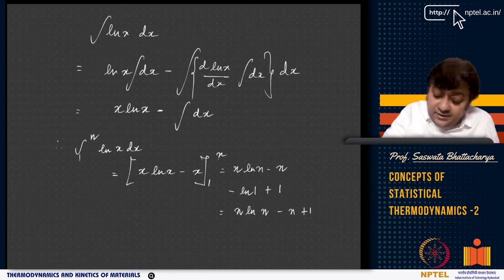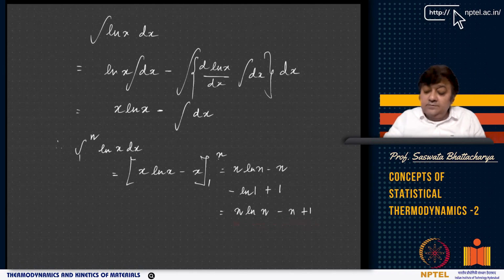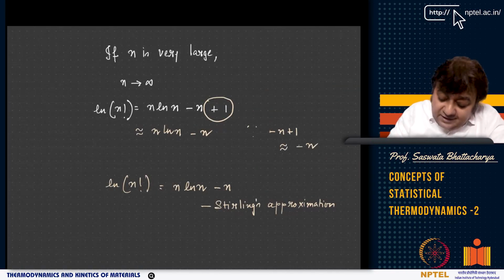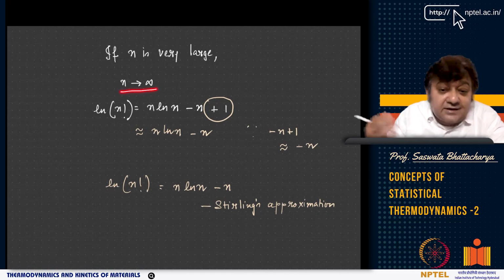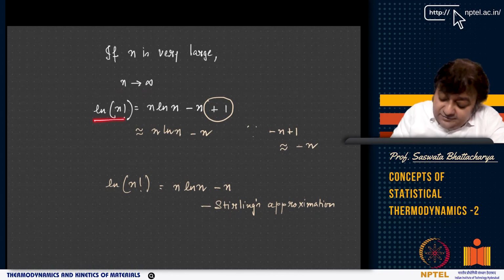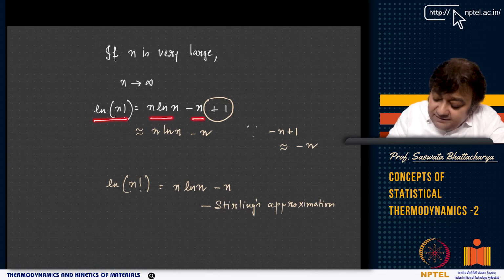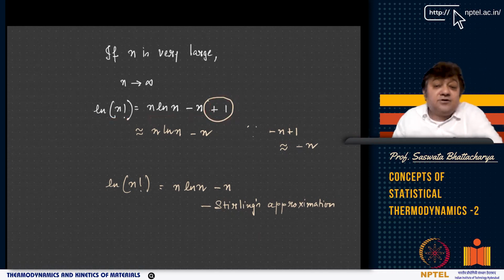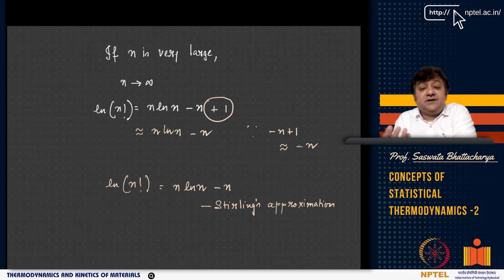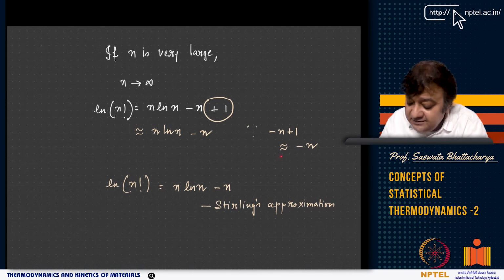That's what I have derived here. Now if n is very large, for example n tends to infinity, like 10 to the power 23, then ln n factorial is n ln n minus n, because this plus 1 can be ignored, right? N is so large that plus 1 can be ignored. Adding 1 is so insignificant compared to n that minus n plus 1 is nothing but minus n.